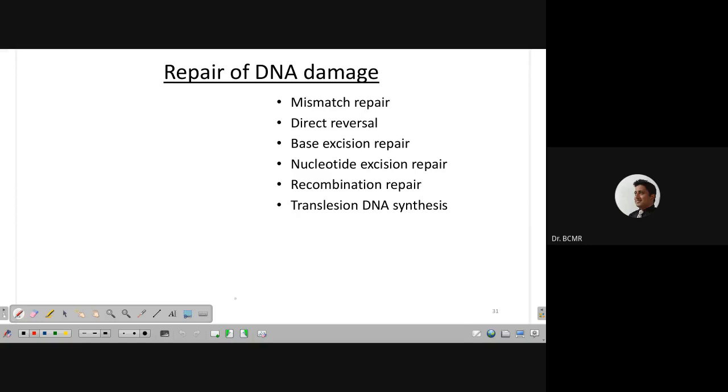So mutations can be caused by agents like UV rays or X-rays, or it can be caused by base analogs or something like intercalating agents as well. So all the cells, if they have to remain as they are and should be, then they have to protect the genetic information.